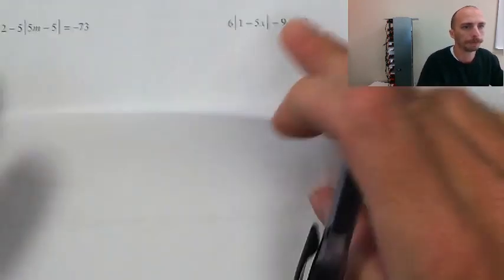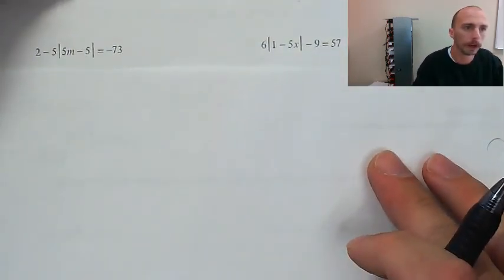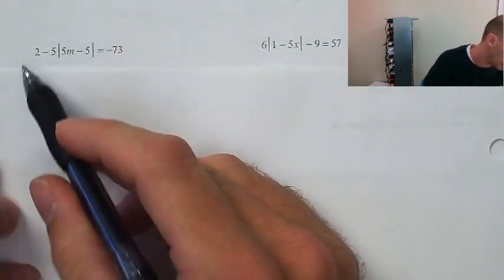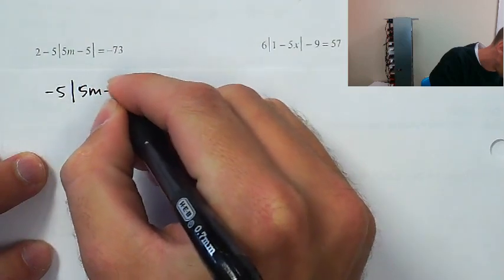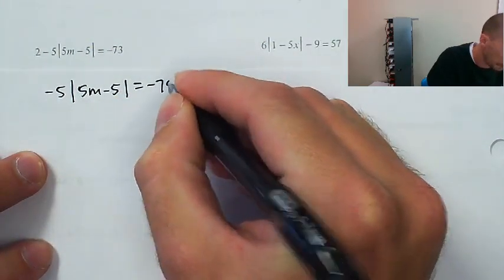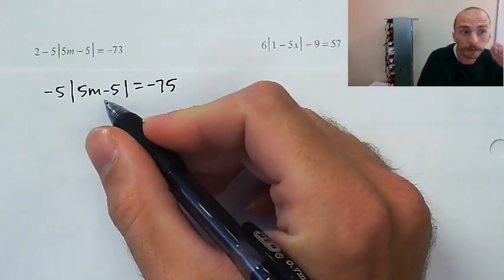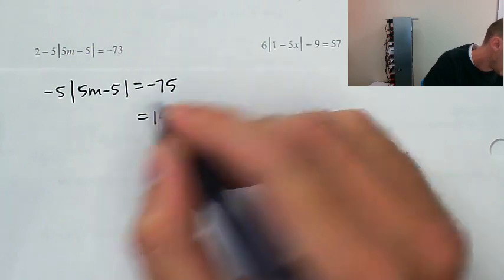Okay. Now, the next couple of them, let's see where we're going in the future, doing some graphs. All right, so I'm going to start by subtracting 2 from both sides, so I'll have negative 5, absolute value of 5m minus 5 equals, when I subtract 2 from negative 73, I'll have negative 75. Now, if I divide by 5, okay, that'll be positive 15, because 75 divided by 5 is 15.